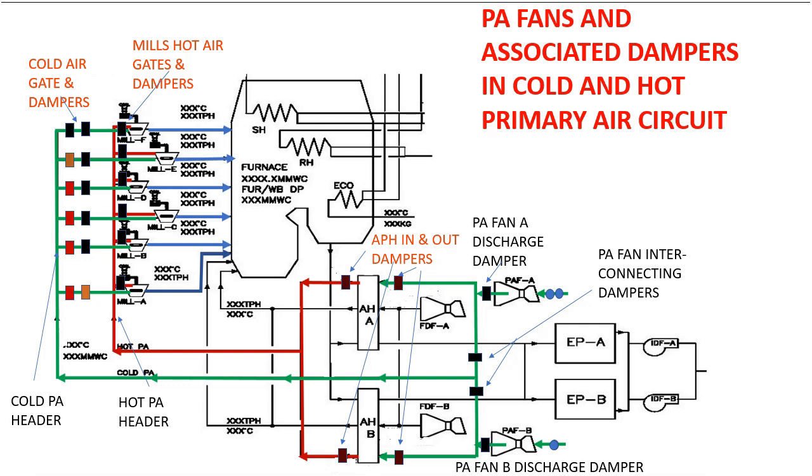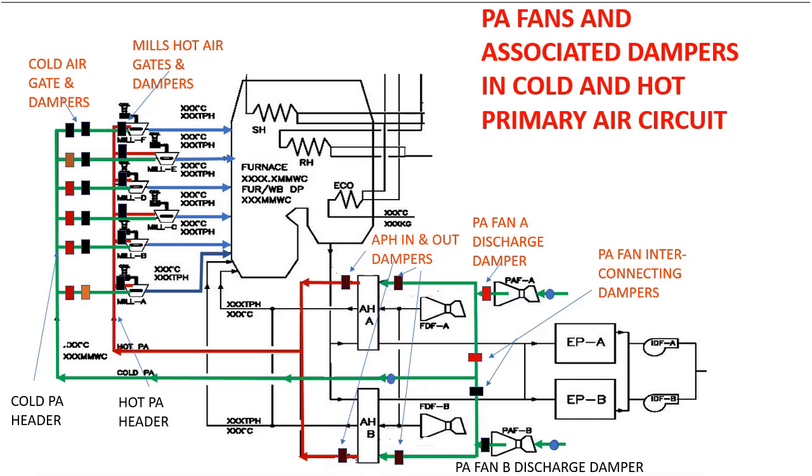Now when you give the start command to PA fan A, you will see that the PA fan A discharge damper will start opening when the PA fan reaches its rated speed.